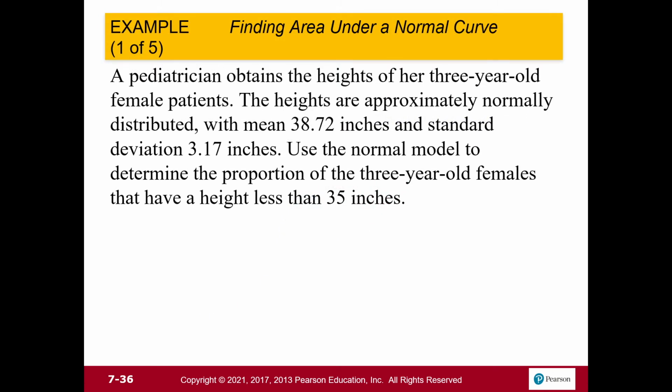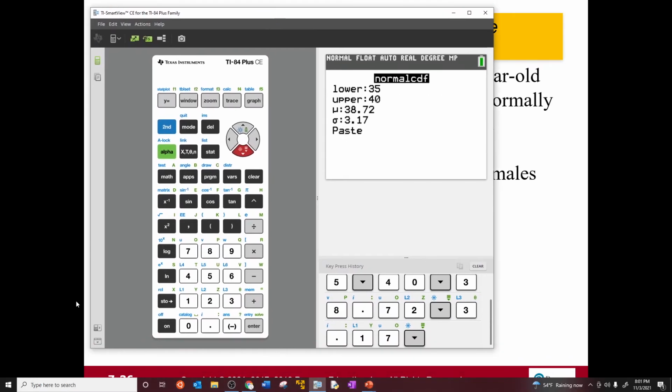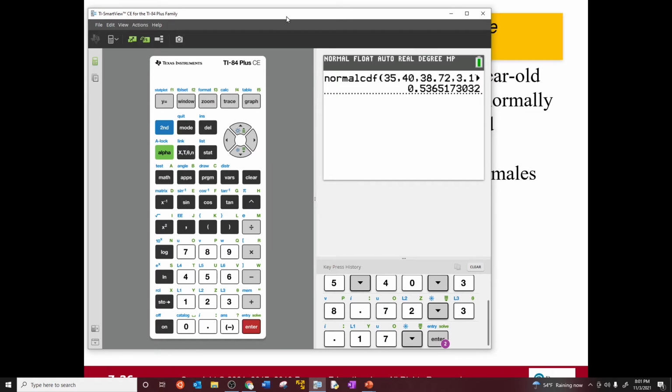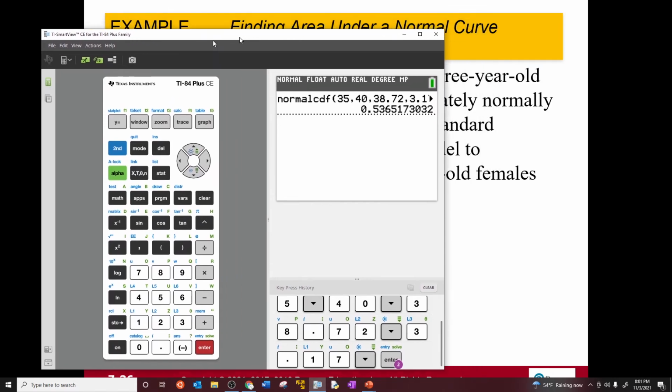38.72, 3.17, hit paste. All right, and so that's what we got, 0.5365.